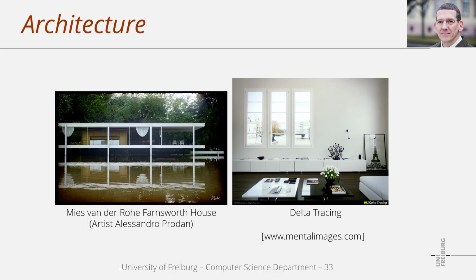The same holds for the rendering of interior scenes. Here, the illumination due to windows or lamps can be specified by a user or customer, which allows to assess a design under varying conditions. Also, materials or colors can be easily adapted in a virtual scene, which would be much more involved when taking photographs of a real setting.